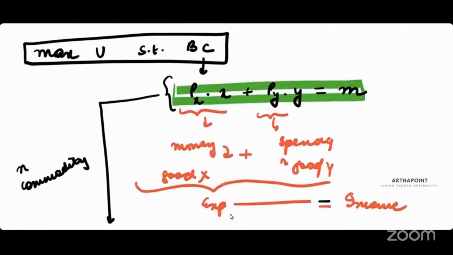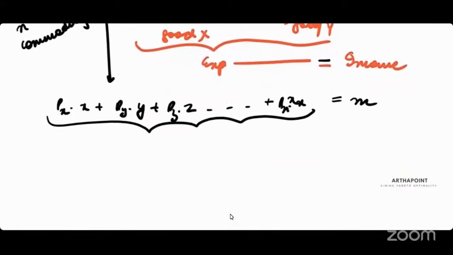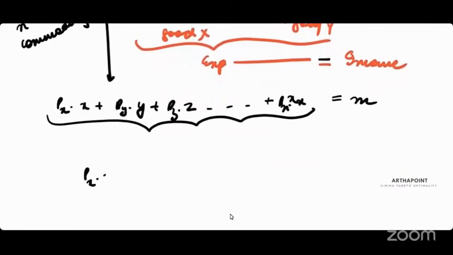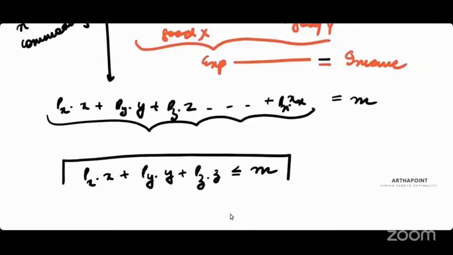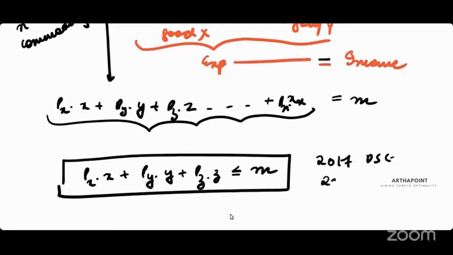And as far as the exam is concerned, the maximum that has come till date is this: px into x plus py into y plus pz into z less than equal to m. This is something that has been asked in 2017 DSC exam, 2019 DSC exam.